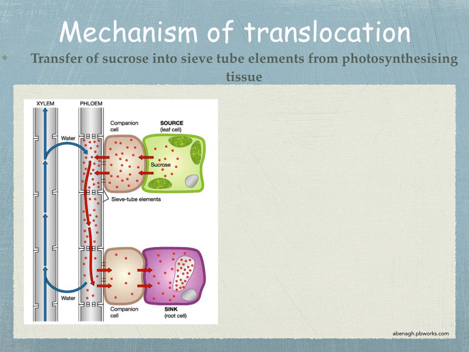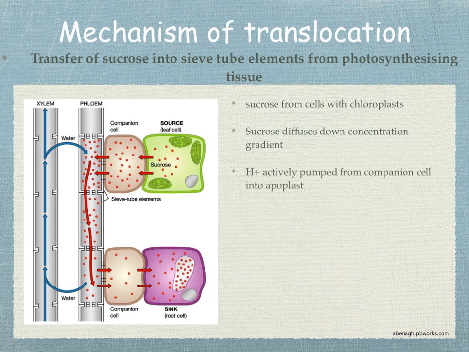The first one is the transfer of sucrose into sieve tube elements from photosynthesizing tissue. So sucrose is manufactured from the products of photosynthesis in cells with chloroplasts. The sucrose diffuses down a concentration gradient from the photosynthesizing cells into the companion cells. Protons, which are hydrogen ions, are actively pumped from the companion cells into the apoplast, which are the spaces within the cell walls, and this uses ATP.